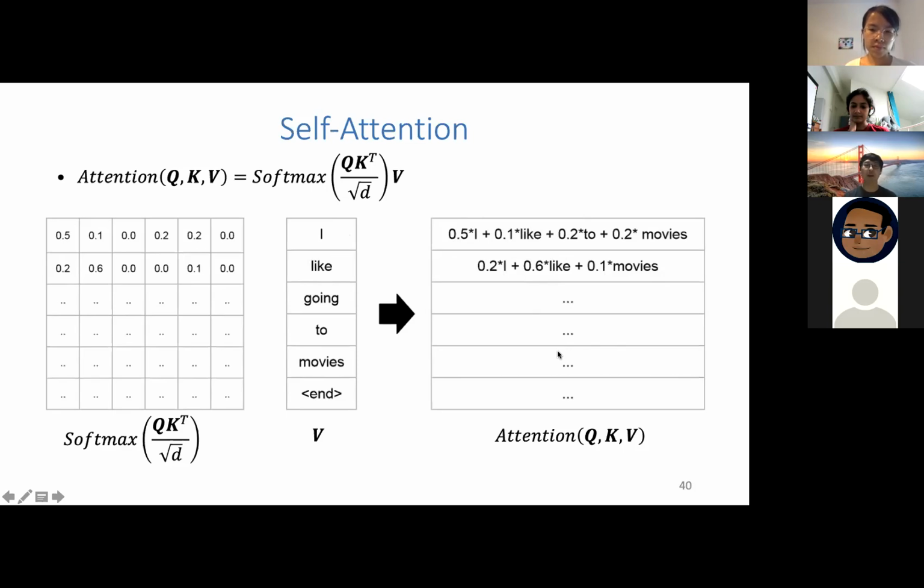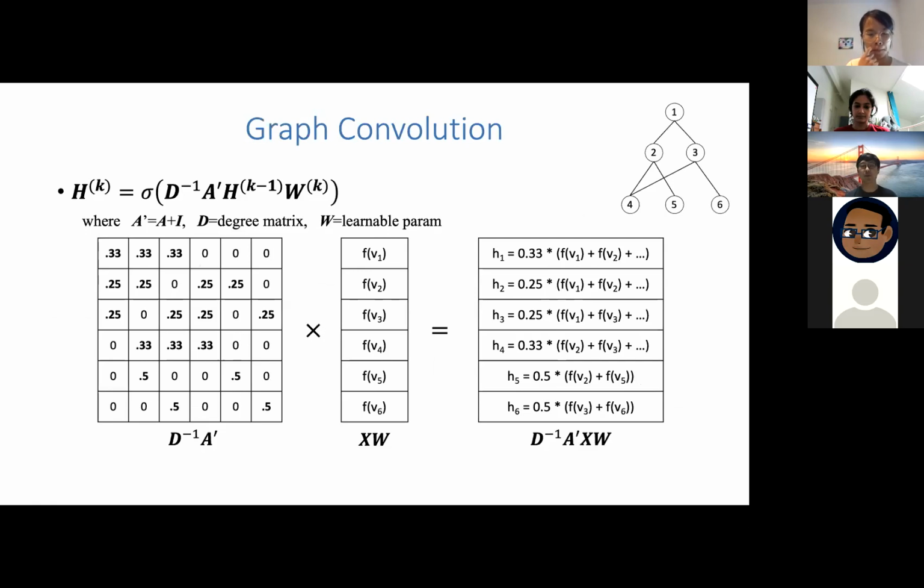Keeping this in mind, if you're familiar with graph neural networks or graph convolutional neural networks, the process is pretty much similar. If you have a graph that looks like this, with 6 nodes, 1, 2, 3, 4, 5, 6, and the connections look like this, then you can represent these connections with this adjacency matrix, which is a bit normalized because a single node can be connected to multiple things.